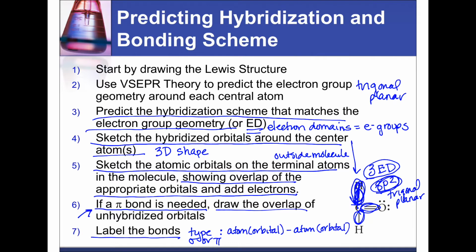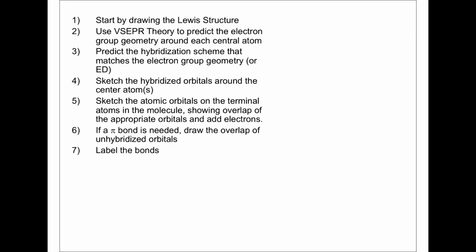Like that. Okay, so let's do these steps for this actual molecule on the next slide. Again, you might have seen me do this one in class, but the molecule is CH2O, and we're going to go down this list.